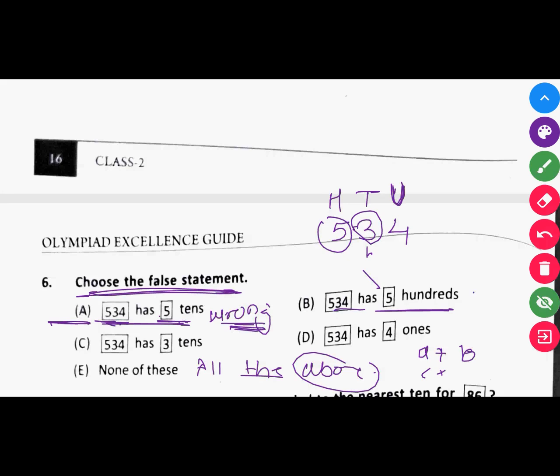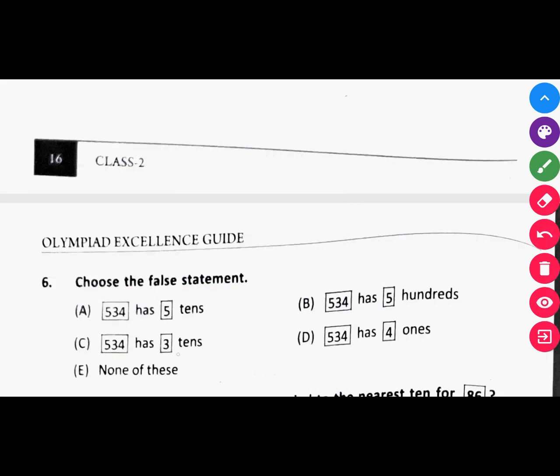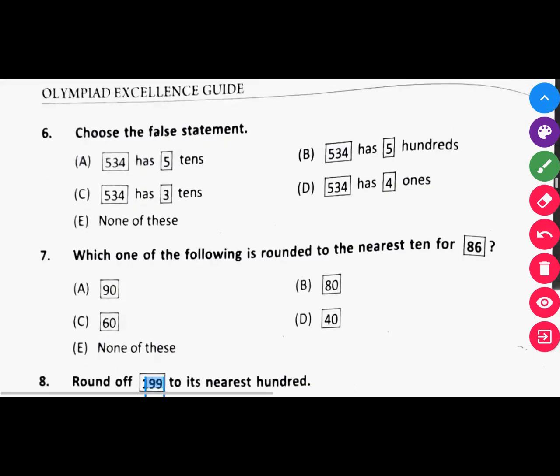Yes, 534 has 500. This statement is true, but we don't want the true statement. We want the false statement. 534 has 3 tens. Yes, it is also true. And 534 has 4 ones. Yes, it has 4 ones. So B, C, D, all the statements are true. So our answer is A, which is false.